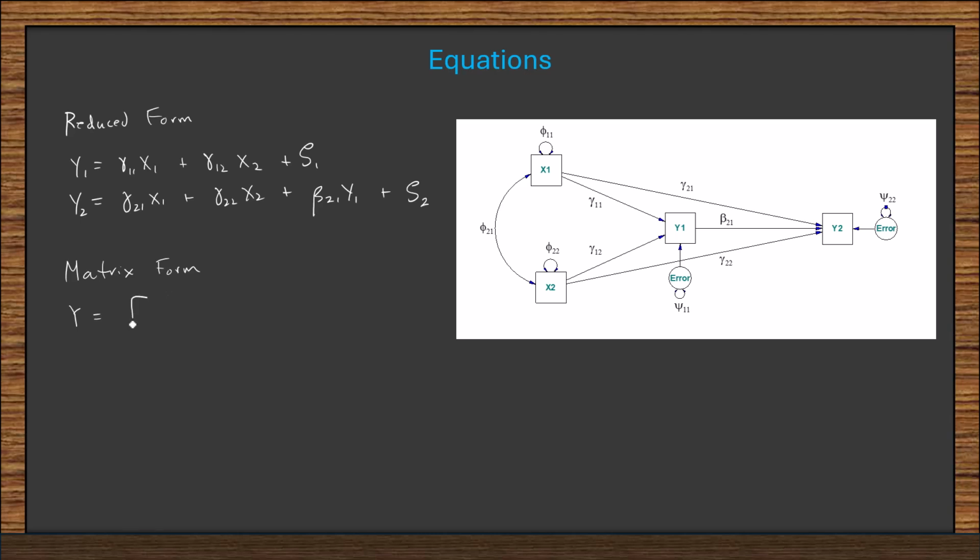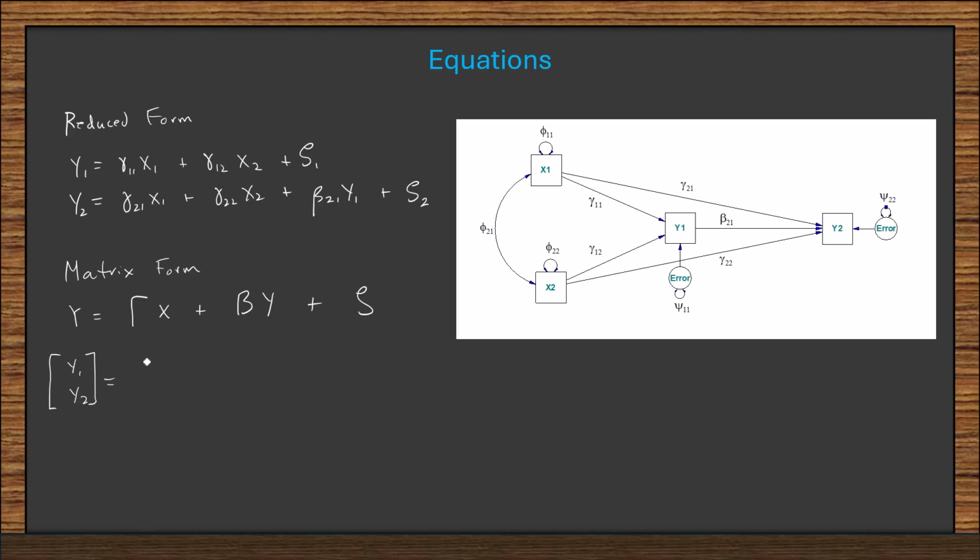We're going to have a gamma matrix times an x matrix. We're going to have a B matrix times a Y matrix. And then we're going to have a matrix that contains the errors or zetas. So for instance, for the Y matrix, we have Y1 and Y2. We put all our endogenous variables in a column here.